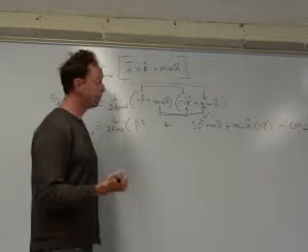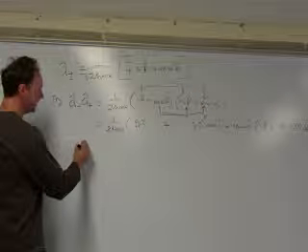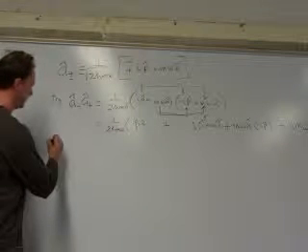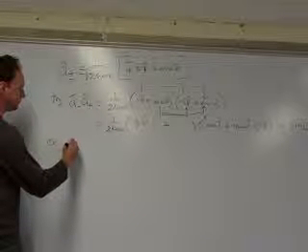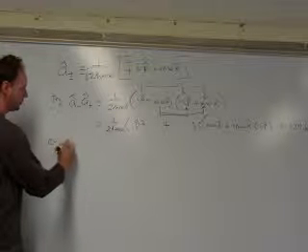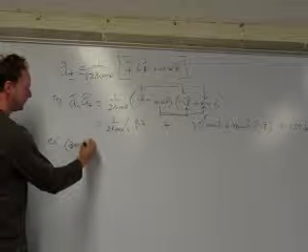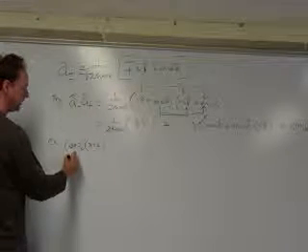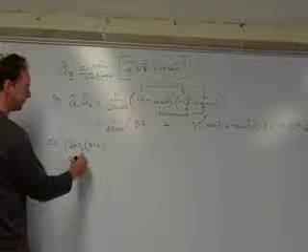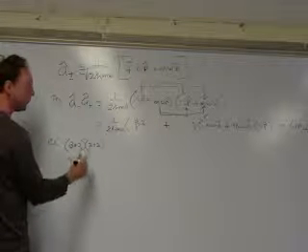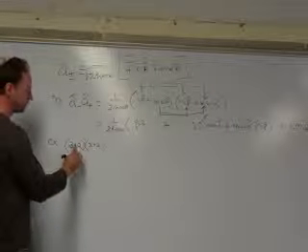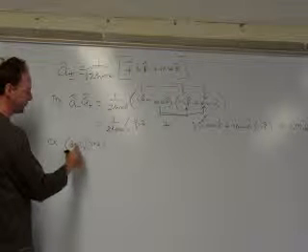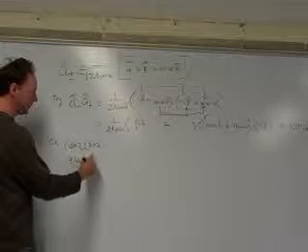So with ordinary numbers, when you're foiling, let me give you an example. 3 plus 2 times 3 plus 2, it's going to be 9 plus 2 times 3.